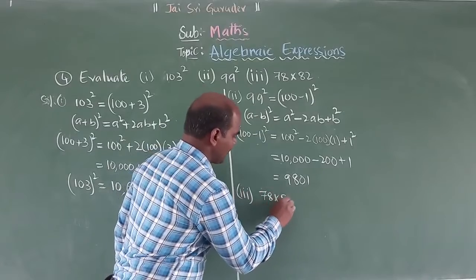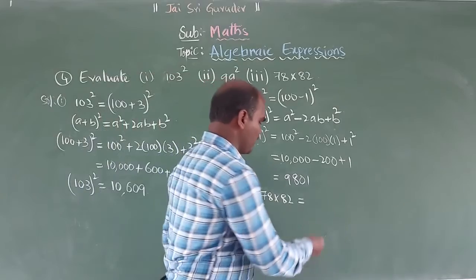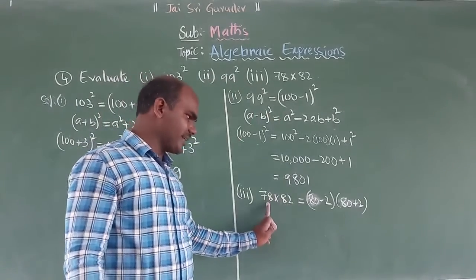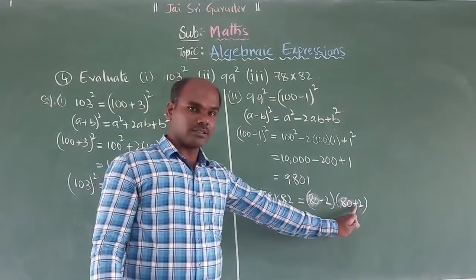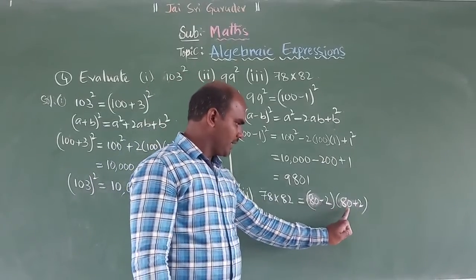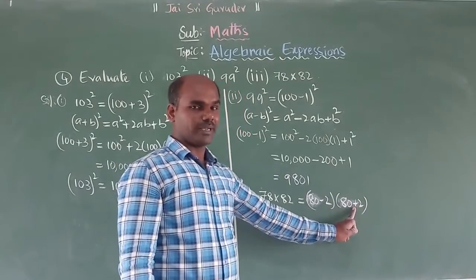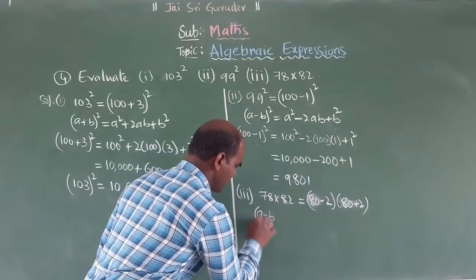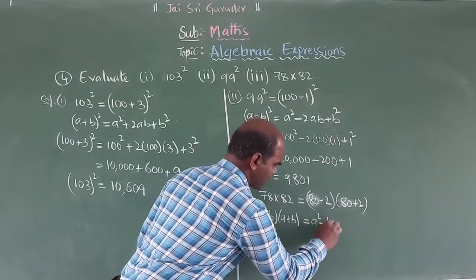What is the third one? 78 into 82. I will write 78 as 80 minus 2 and 82 as 80 plus 2. Now observing this, it is (a minus b) into (a plus b), which gives a square minus b square. I will write it as an identity also: (a minus b) into (a plus b) is equal to a square minus b square.